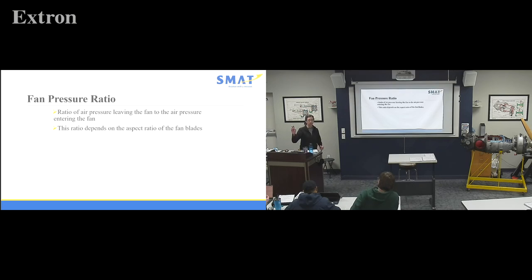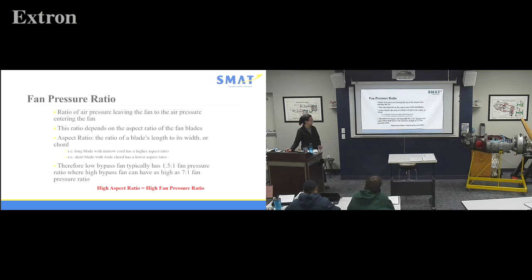And what would be a high aspect ratio? Longitude. Yep. So, aspect ratio, ratio of the blade's length to its width or chord. A long blade with a narrow chord has a higher aspect ratio. A short blade with a wide chord has a lower aspect ratio. What you need to know for fan pressure ratios is a high aspect ratio will give a high fan pressure ratio.